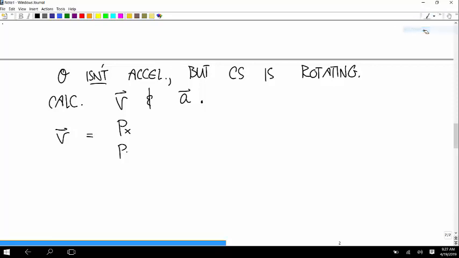I'm used to writing it px, py, pz, but in this case these have different names, so I'm going to call this pr, p theta, pz, dotted, plus capital omega crossed with the position vector. Now we're going to start to fill in these values.